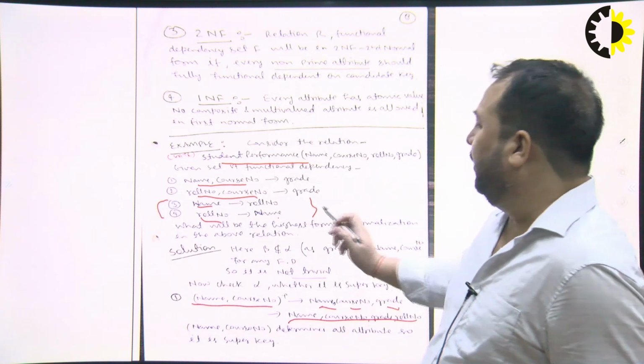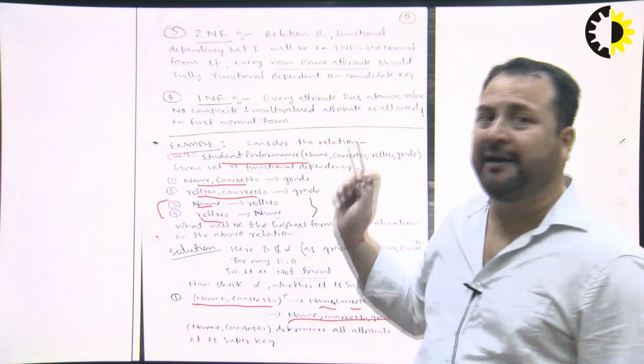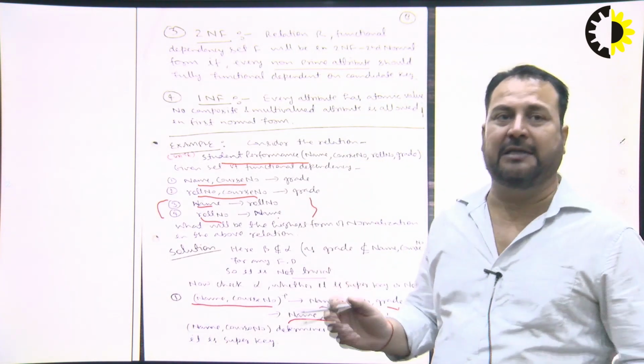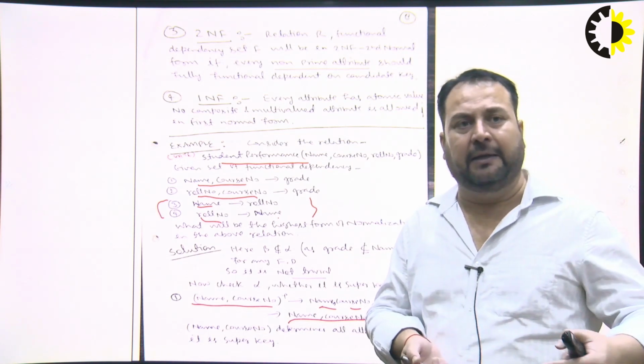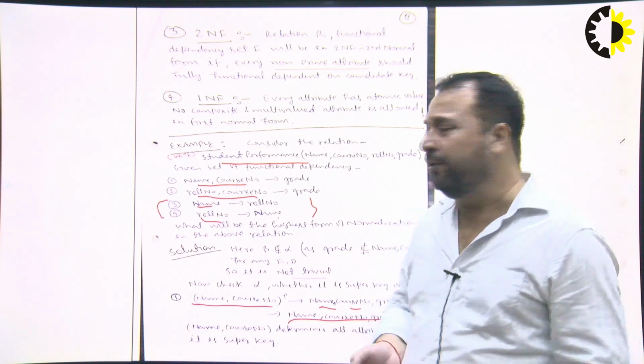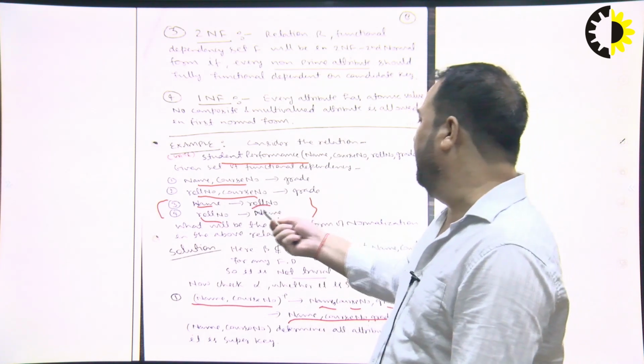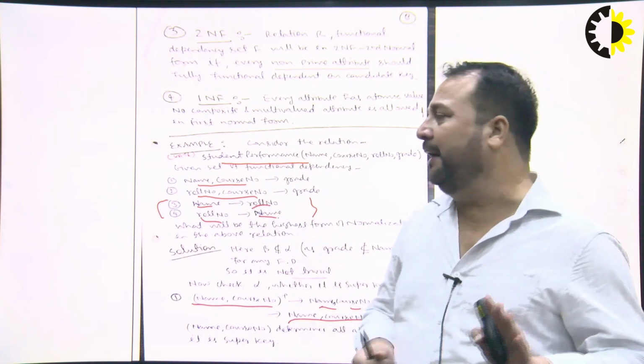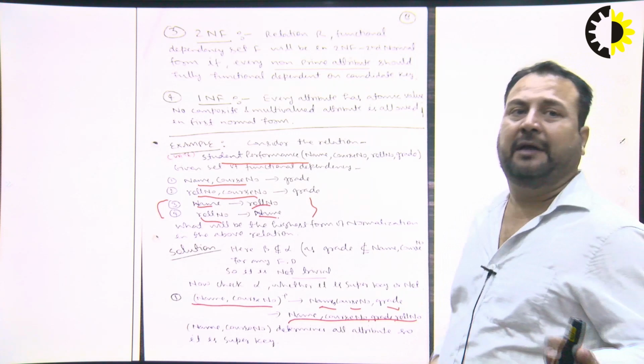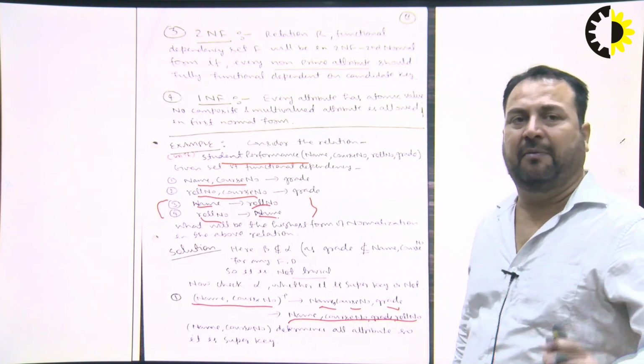So we see the right hand side: if it is part of a key, meaning a prime attribute. The right hand sides are roll number and name. If they are prime attributes, then this relation is in 3NF.